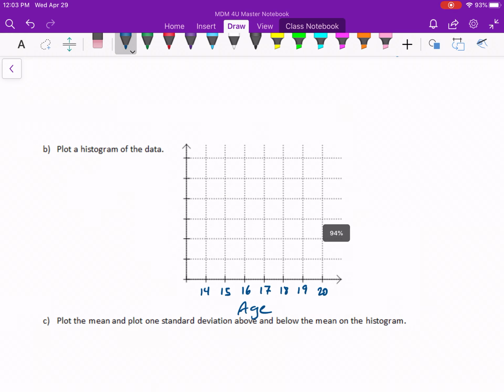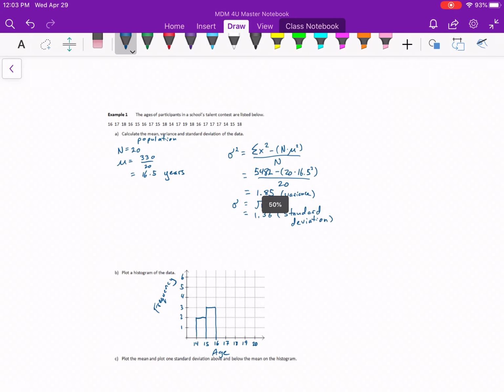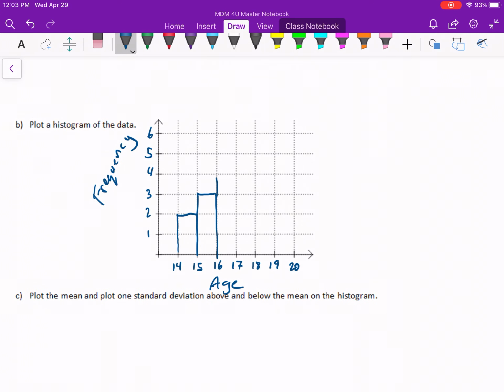So again, I pre-counted these out. There were 2 students who were 14 years old, so the bar would go this high. And there are 3 who are 15. So again, this is just from this list up here. It's just that I've counted these numbers out ahead of time to save us a bit of time. And the highest number was 17-year-olds. There were 6.